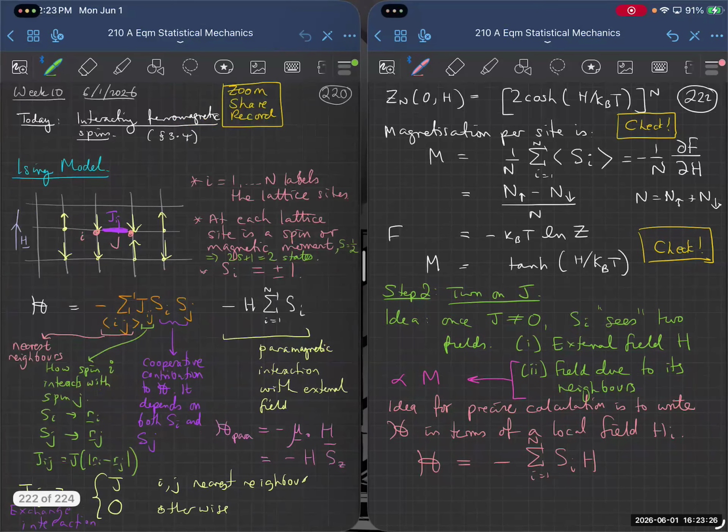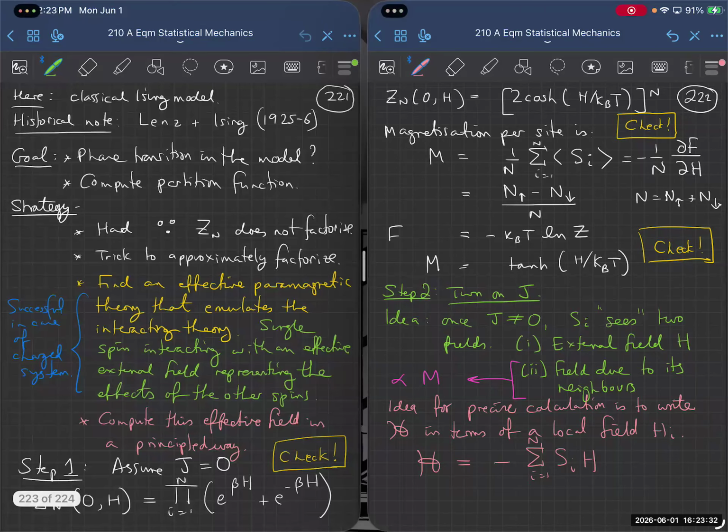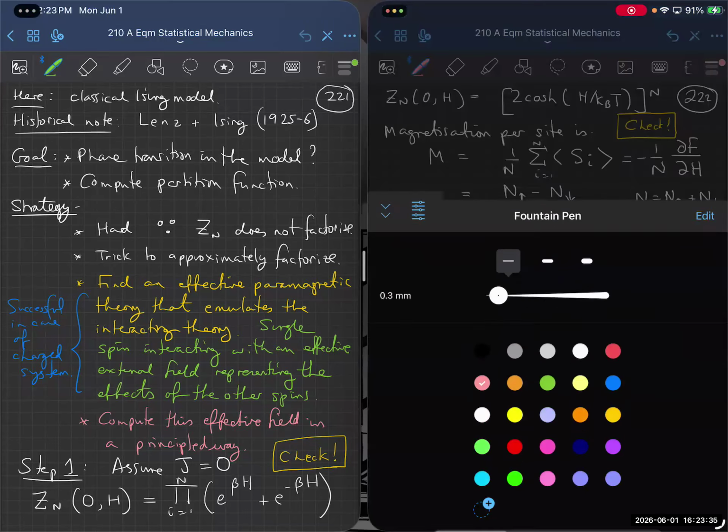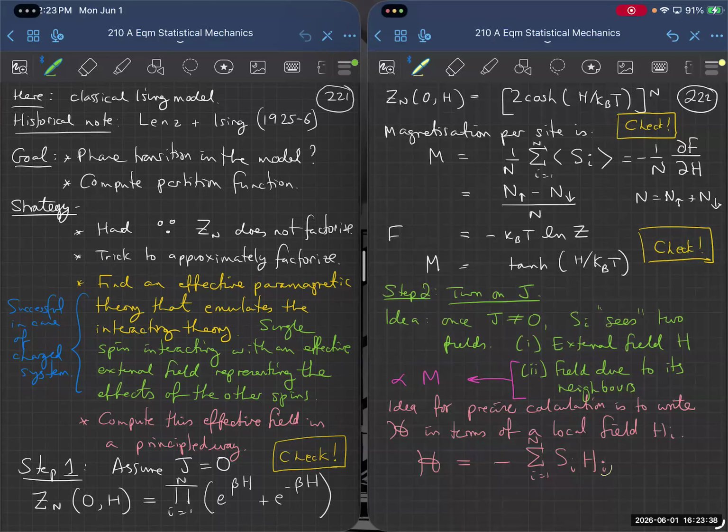That's the paramagnetic interaction, but now this external field also depends on i. So this is the new part; it is not a constant. In fact, h_i is the external field plus the sum over j of J_ij times S_j. This formula is exact.